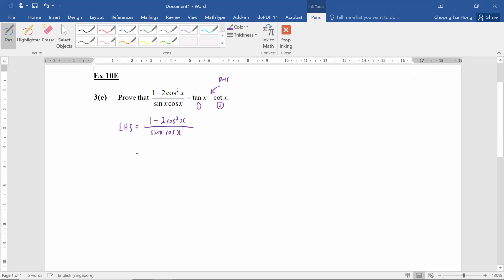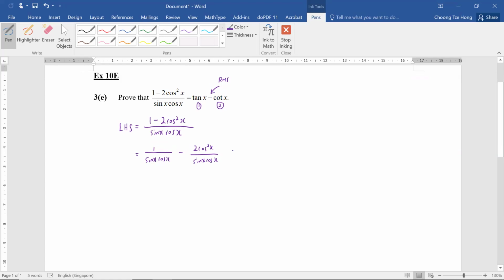If I try to split directly, this is what we're going to get. There's really nothing much we can do on this side. Tangent x is sine over cosine, but what we have now is 1 over sine x cosine x, so we can't convert it to tangent x.